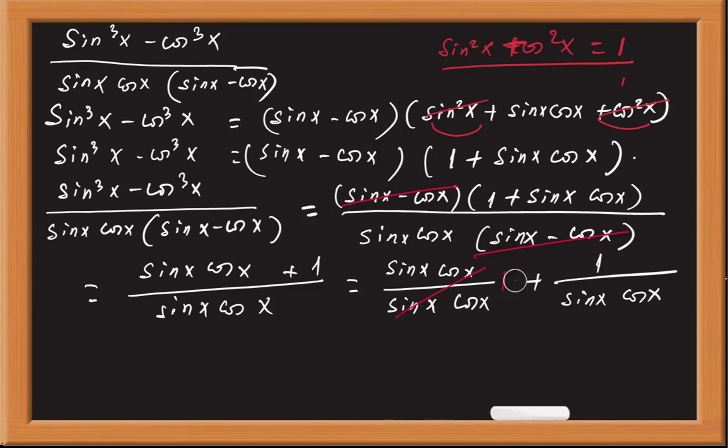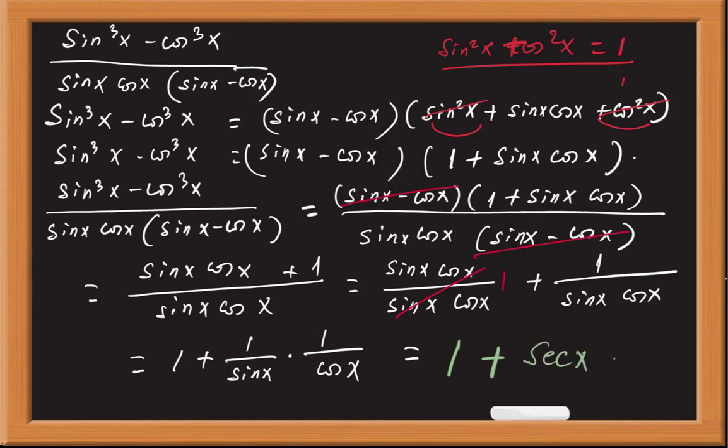Now we get 1 plus 1 over sine x times 1 over cosine x, which is what we were looking for. 1 over cosine x is secant x, and 1 over sine x is cosecant x.